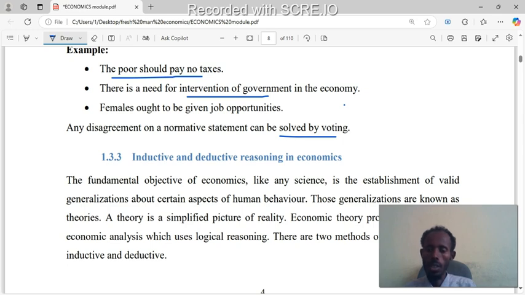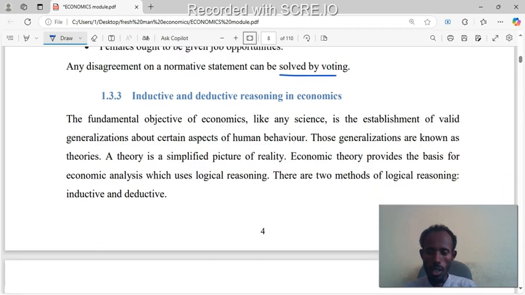Another one is inductive and deductive reasoning in economics. What is inductive and deductive reasoning in economics? Economic theory provides a basis for economic analysis, which is logical reasoning. There are two methods of logical reasoning: inductive and deductive reasoning.